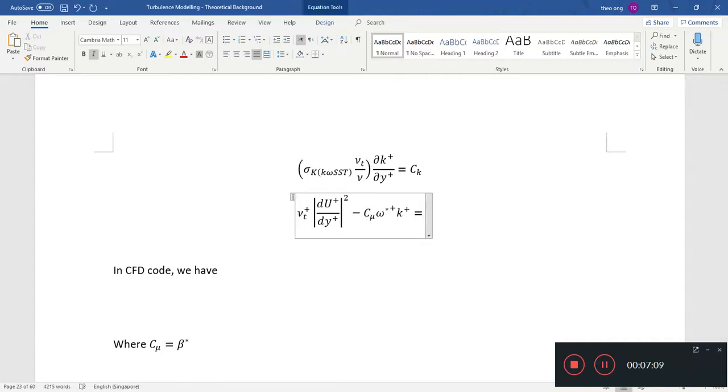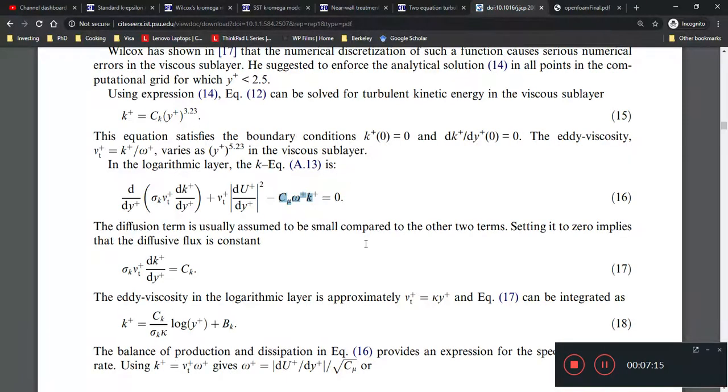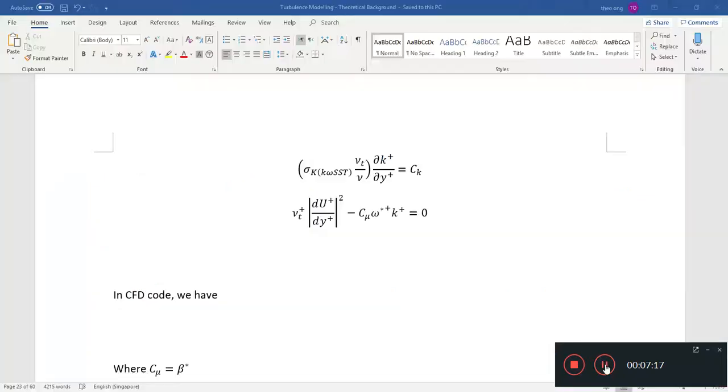This will be equal to 0 now, and then we can do the following to this equation.